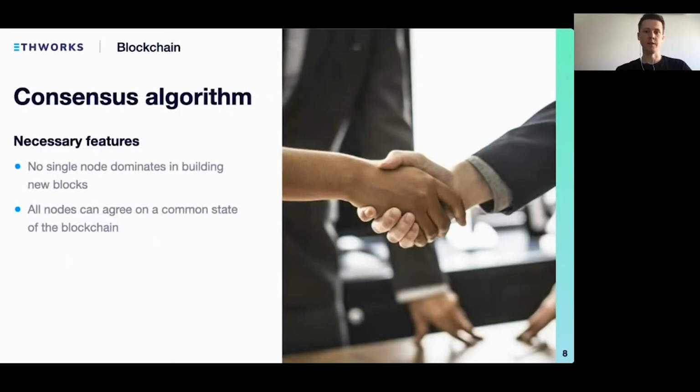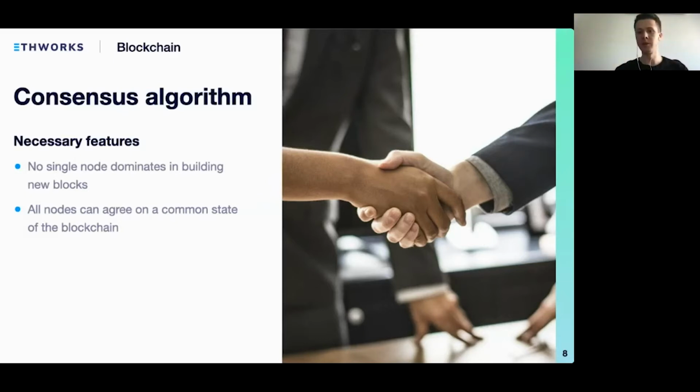A blockchain, in order to be able to deliver this decentralized feature, needs a consensus algorithm. The main point of this algorithm is to help nodes determine a common state of a blockchain, because you have a database that multiple actors can write to.